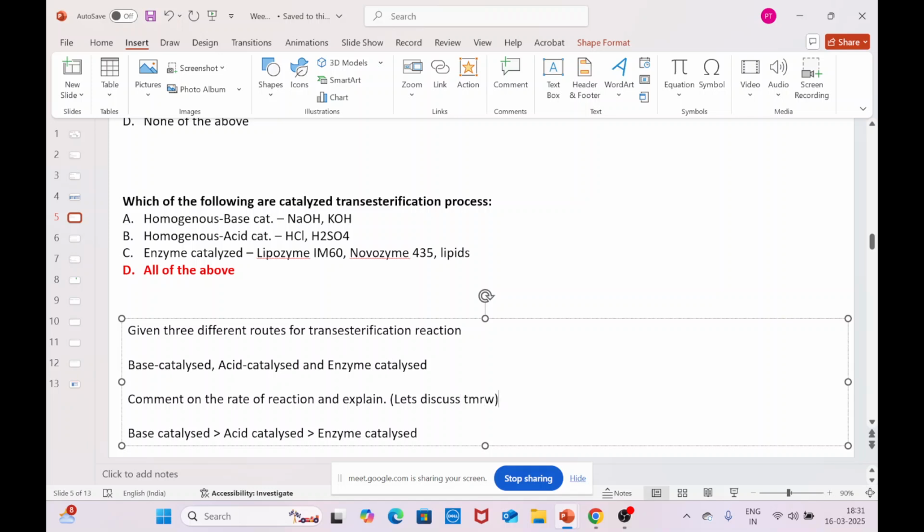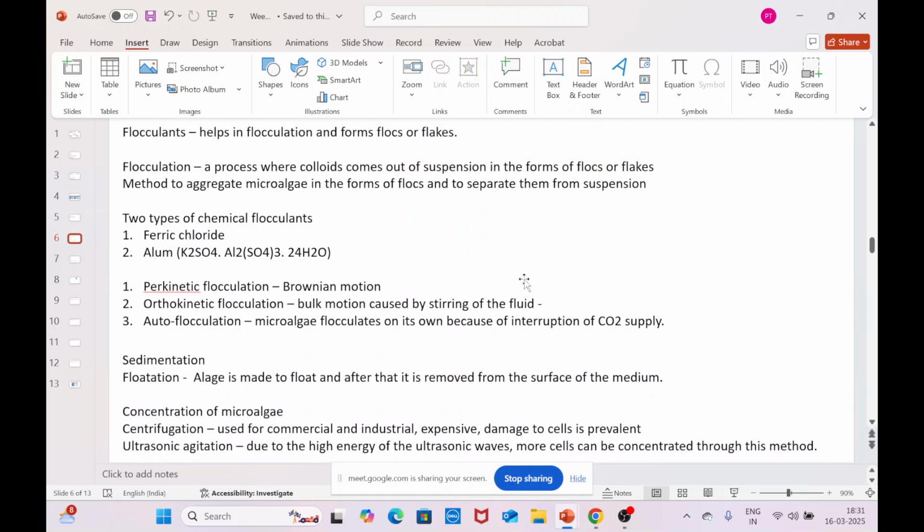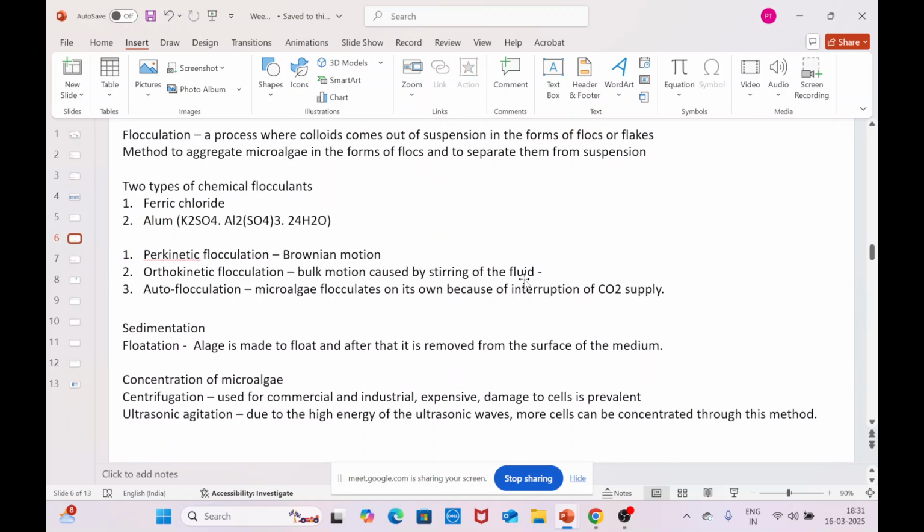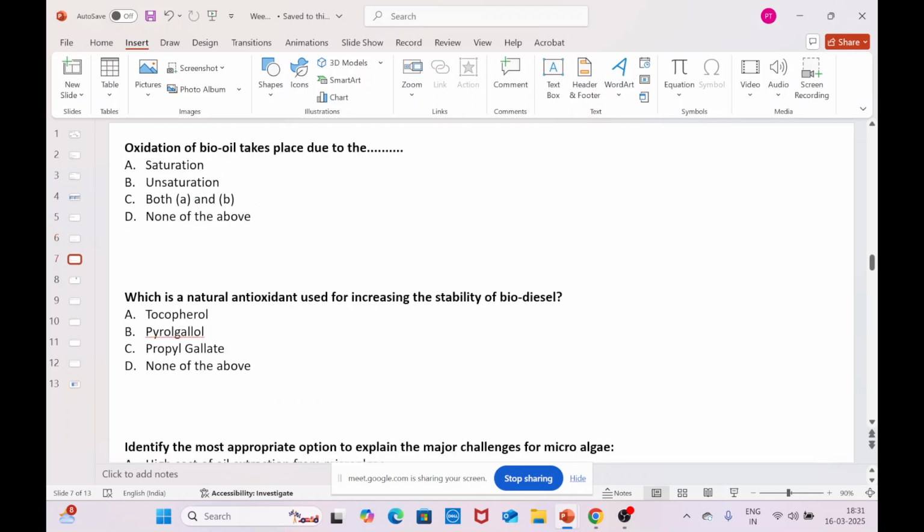I would suggest everyone have a look at the reaction mechanism that is given in the course, and then we can try to interpret from that context. So let's keep that question for tomorrow.